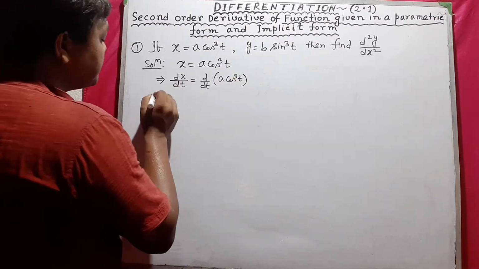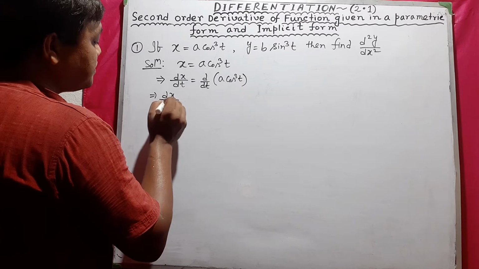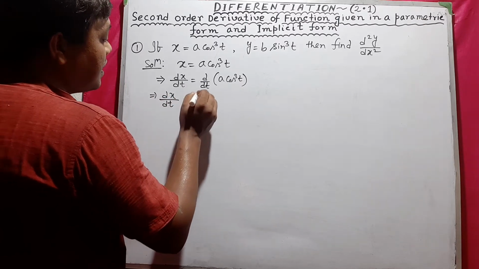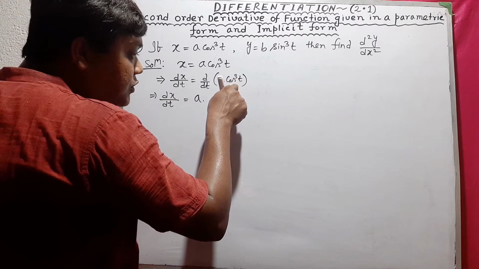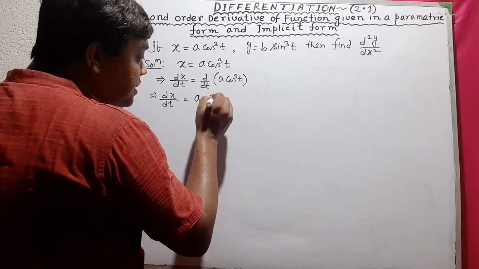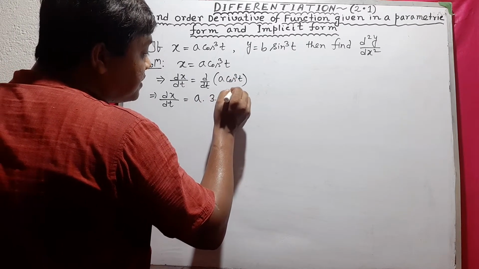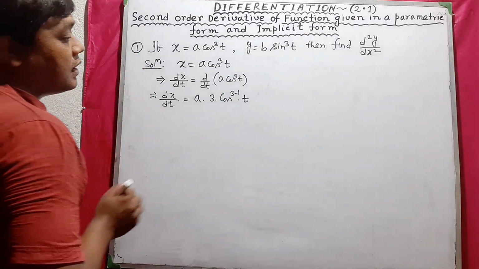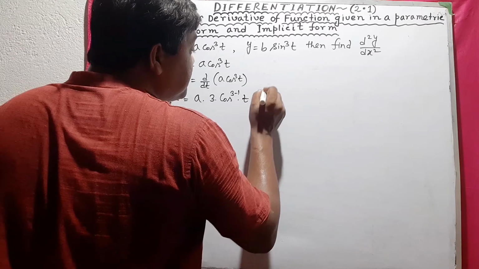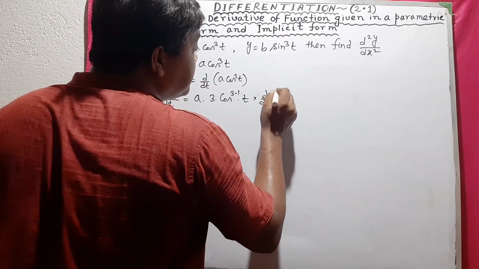Now differentiate it by using the formula a n x to the power n minus 1, so 3 cos to the power 3 minus 1 of t, into d/dt of cosine t.